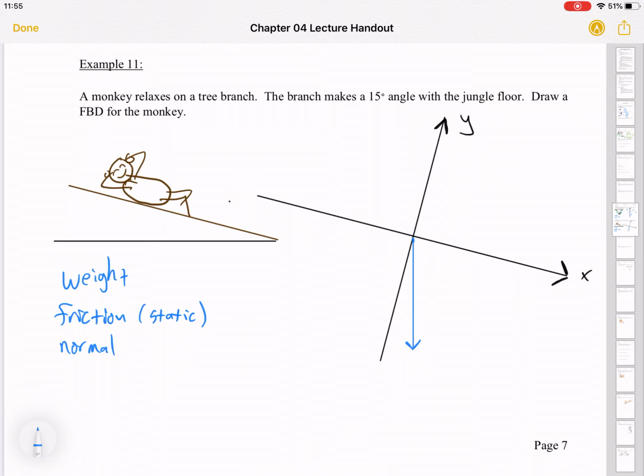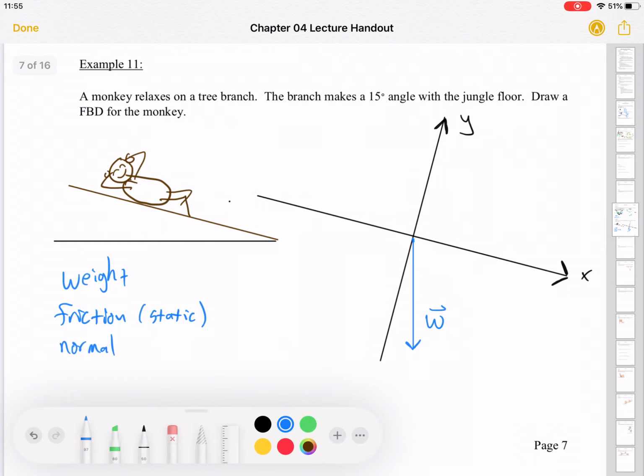We could label it, right? And then normal force points perpendicular to the surface always. So the normal force is going to point straight in the y direction. So I want to take a second and think, how long is that normal force? Again, it's not super critical that we get this exactly right now, but it helps to have it kind of to scale.